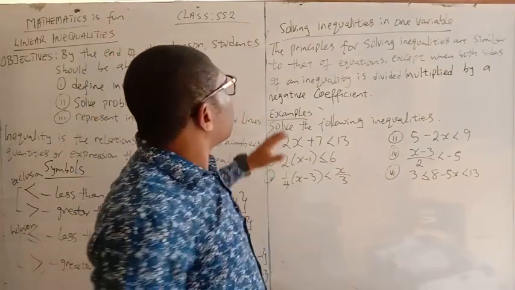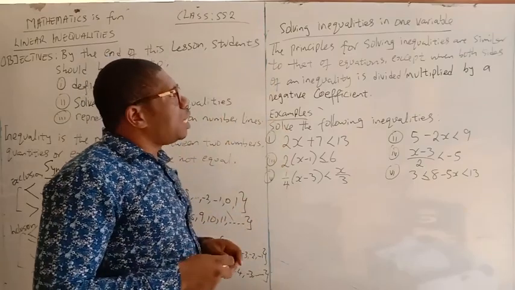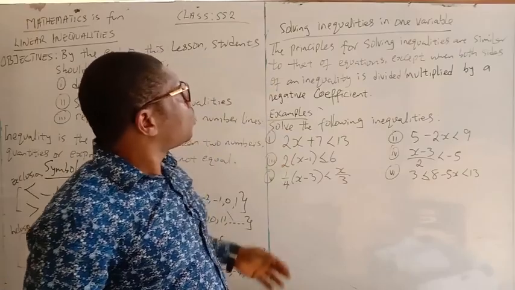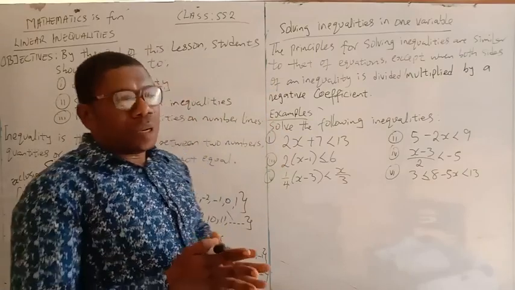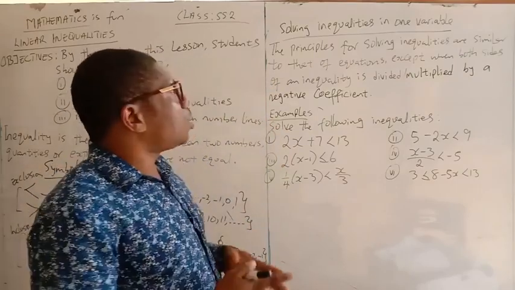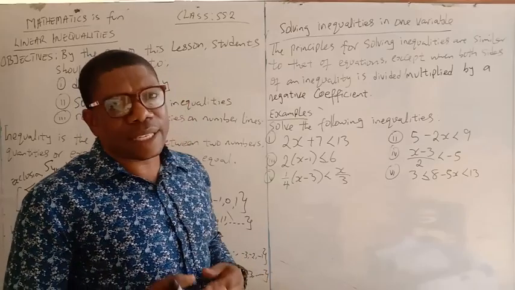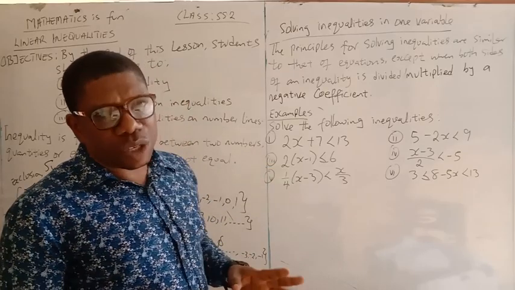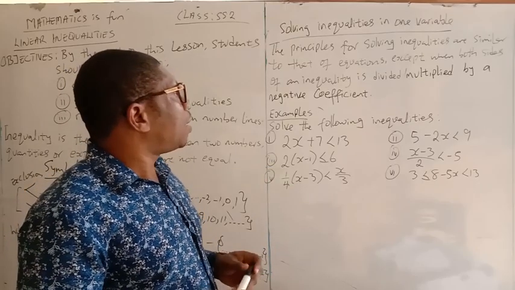All right, we are going to solve inequalities in one variable, and the principles we use in solving linear inequalities are similar to those we use in solving linear equations.